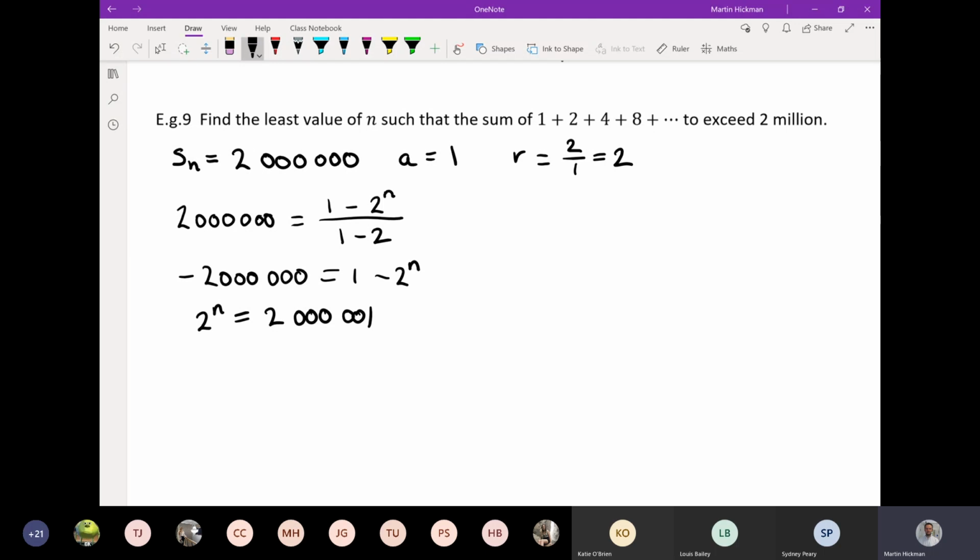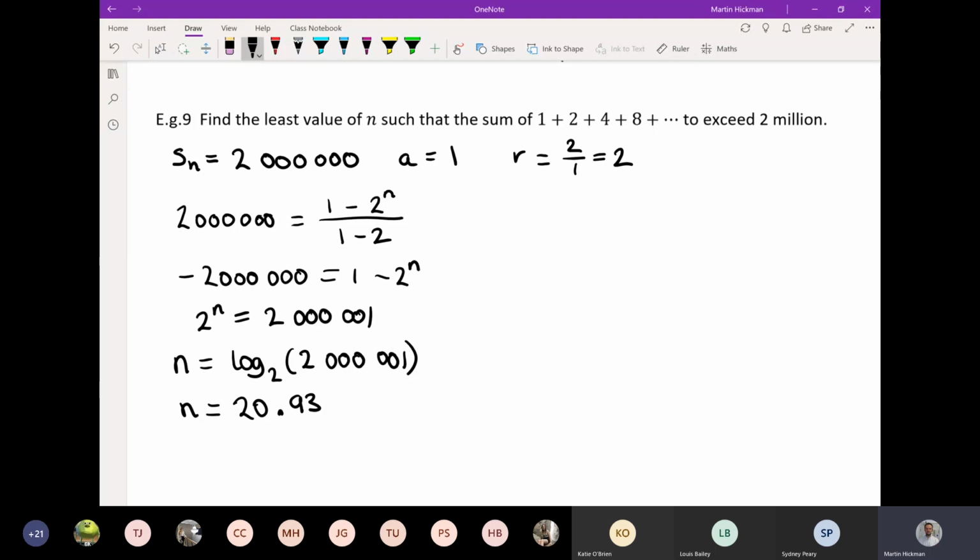So yet again, I'm trying to find a missing power, which means I need to use logarithms. So just switch this from exponential form into log form. And I should get 20.93.